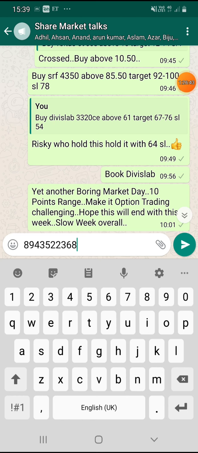And if any call is not working as we expected, the exit for safe traders is different, for medium risky traders is different, and for risky traders is different. For safe traders, our prior importance is capital safety. So if any trade is not working at our expected level, we will make you exit at cost.